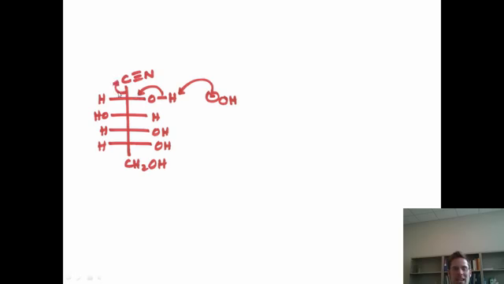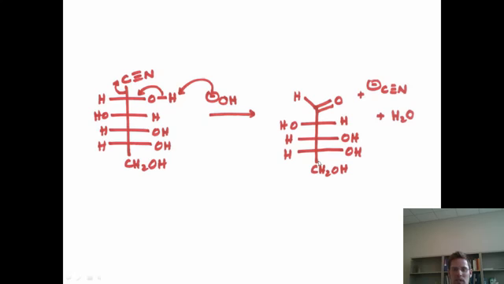When it does that, it kicks off cyanide as a leaving group and gives me this product, cyanide and water. So once again, you can see through this whole sequence, the effective result is that I've taken my initial sugar, my aldose, and removed 1 carbon in the chain and generated an aldose that is 1 carbon shorter.